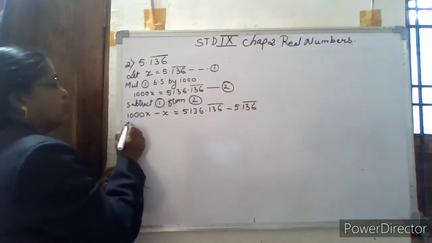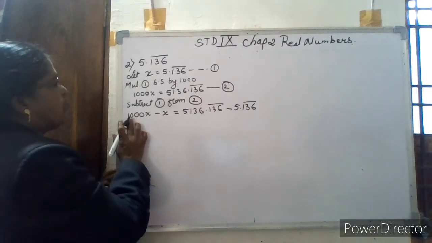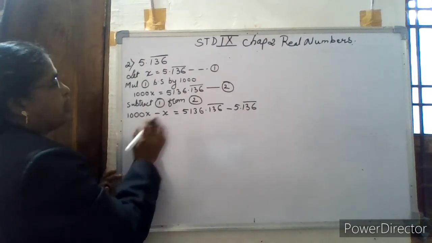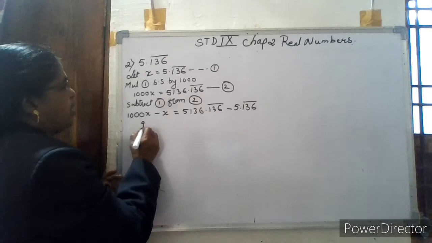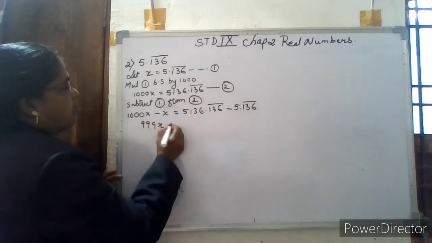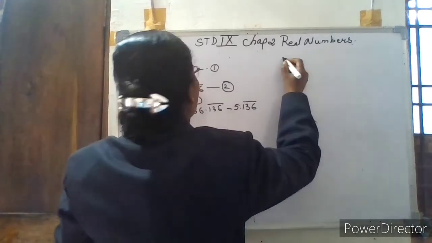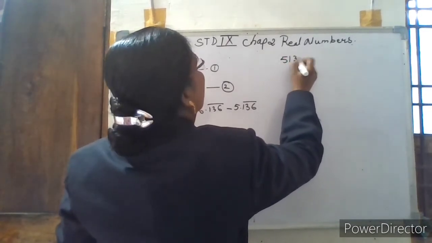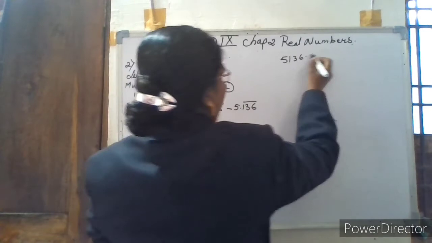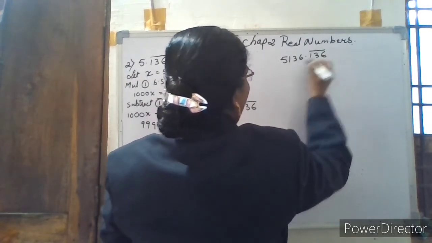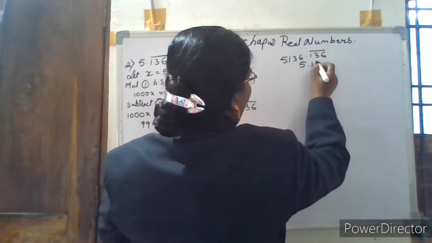So here 1000x minus x will give you 999x is equal to, now if I subtract this, 5136.136 recurring, here it is 5.136 recurring.